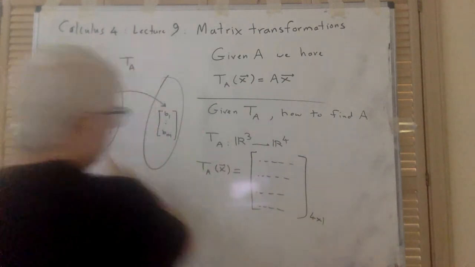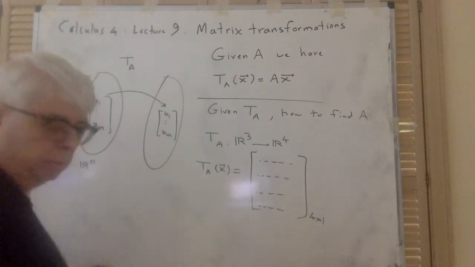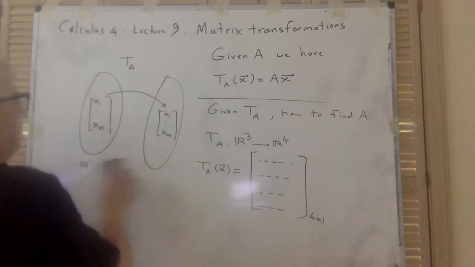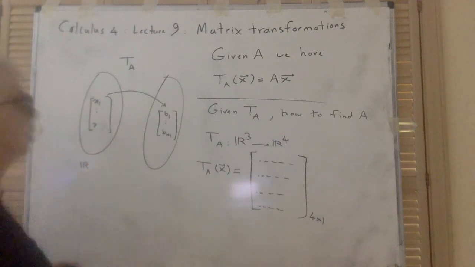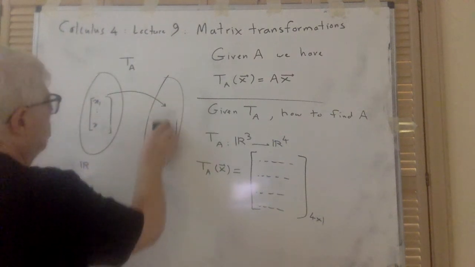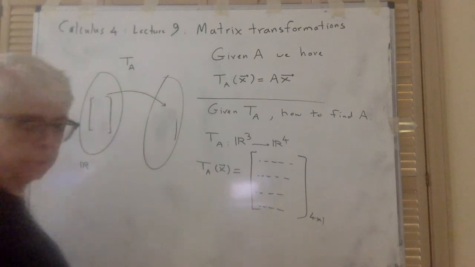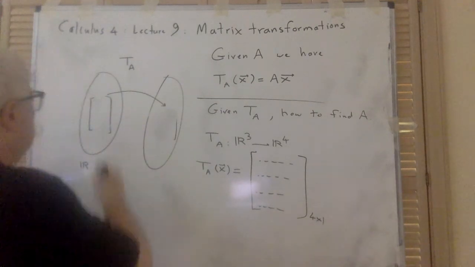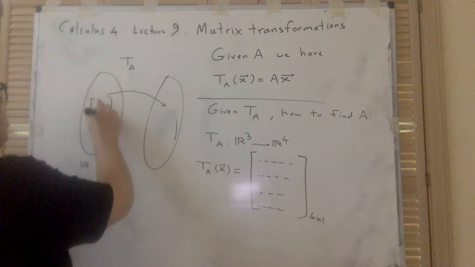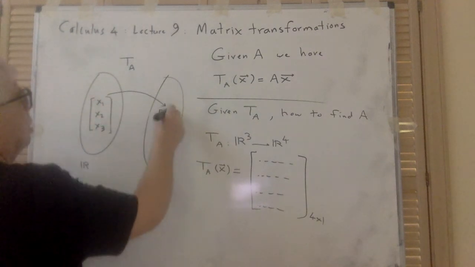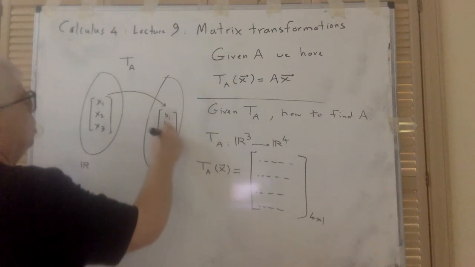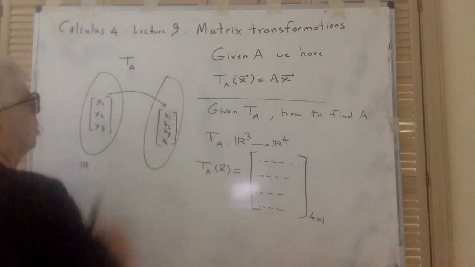So this will be 3 and that is 4. So this will be x1, x2, x3, and this should be something like B1, B2, B3, B4.